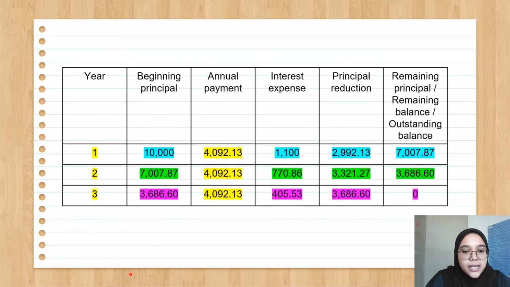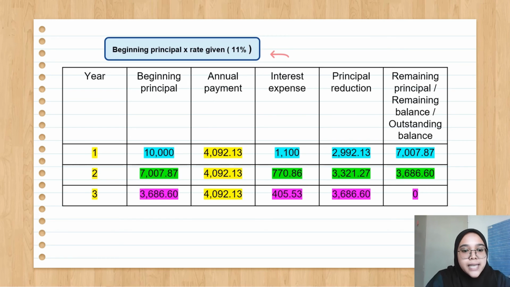And then next we find the interest expense. Interest expense for the first year is beginning principal for the first year multiplied by the given rate 11%, so $10,000 multiplied by 0.11, and we get interest expense for the first year of 1,100.